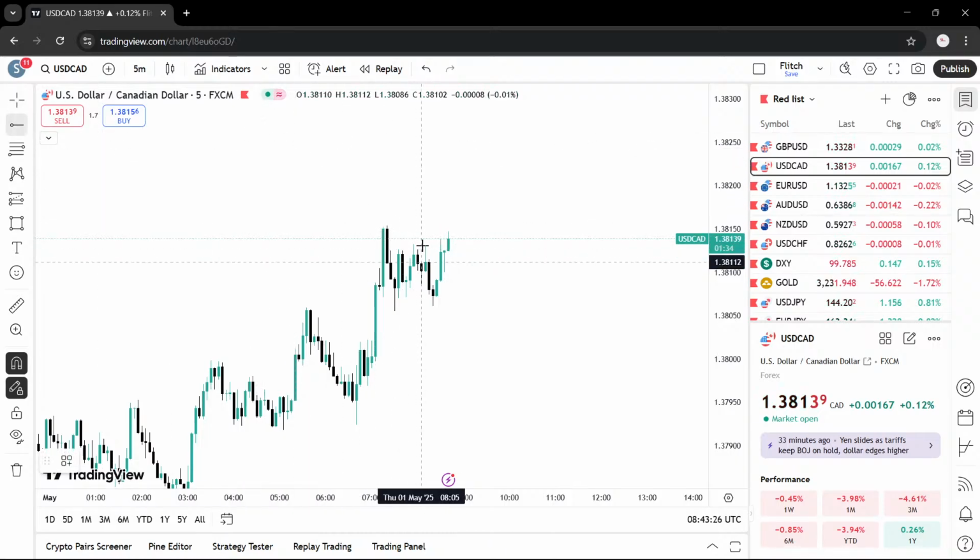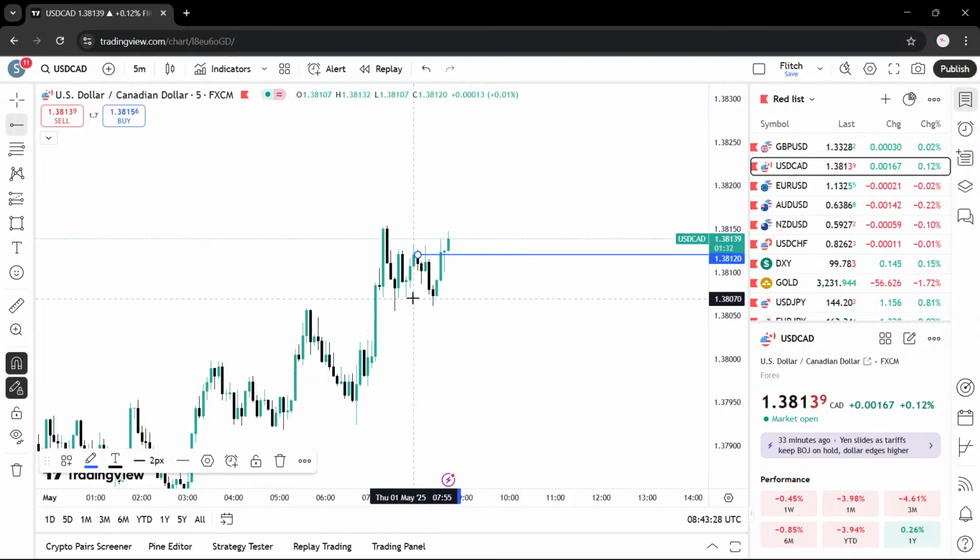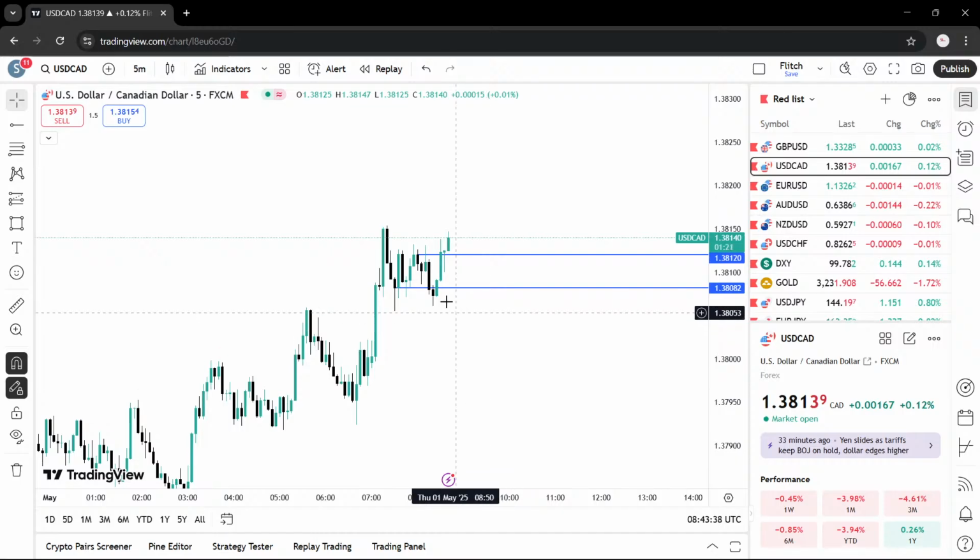All right, so I got trapped right here because we saw a break of structure, was anticipating it going a bit inside and then sell, but right now we can see that the market has turned on its head and it's buying. So forget about this candle right there, because this is a fake out candle. It's a reversal pattern. So we are going to pretend like this pattern does not exist.